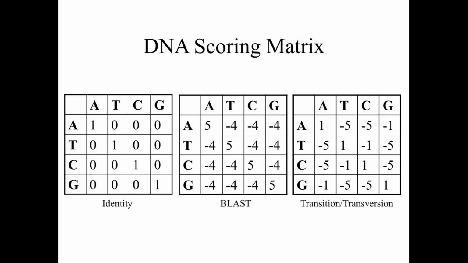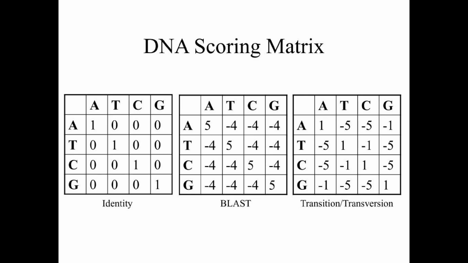In the second row we come across A; T doesn't match with A, so it is 0. In the second row and second column, T matches with T, so 1. The next is 0. In the same manner, in the third column, C with C alone is matching, so it is given a 1 score. And in the last column, G matches with G, the rest of them are 0.